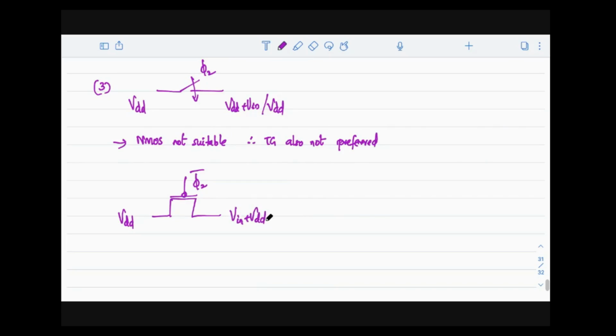And when I say phi2 bar, for this switch to turn on, your phi2 should be high, so your phi2 bar will be low, and whenever it is low, the switch will be turning on, and we will get the suitable voltage on the other side.